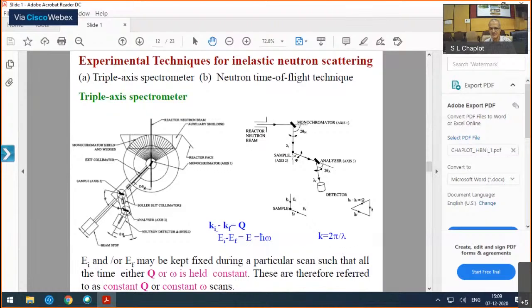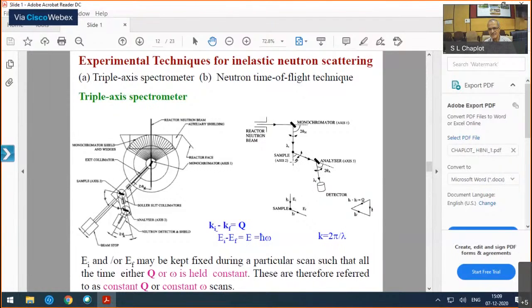This falls onto a sample. Now, typically these distances are about, from the reactor to monochromator is typically a few meters, say 4 to 5 meters. Monochromator to sample again is about 1 or 2 meters. From the sample, then again we have an analyzer, typically again a meter away.